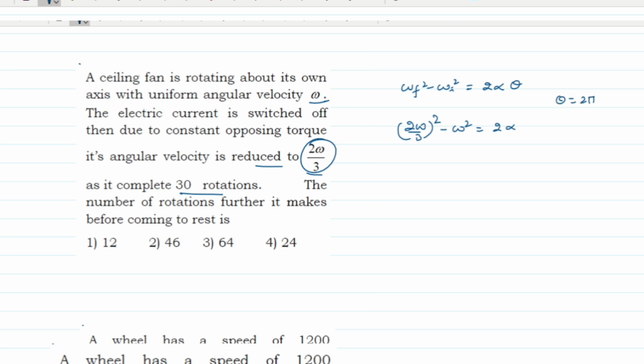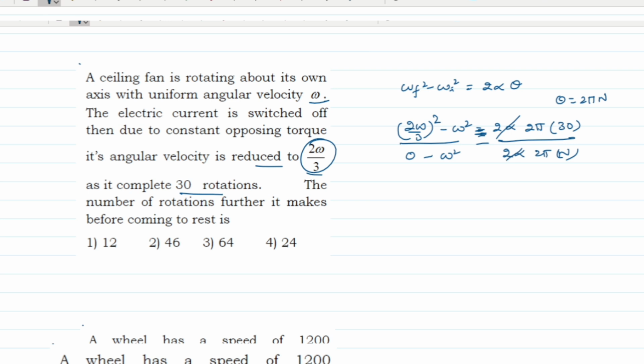In the first case, the final angular velocity is 2 omega by 3 whole square minus the initial angular velocity omega square, which equals 2 alpha into theta, which is 2 pi n, with the number of rotations given as 30. In the second case it comes to rest, so 0 minus omega square equals 2 into alpha into 2 pi n.